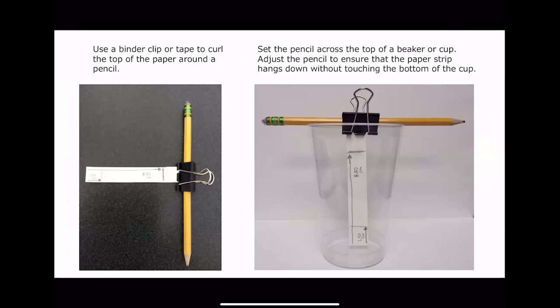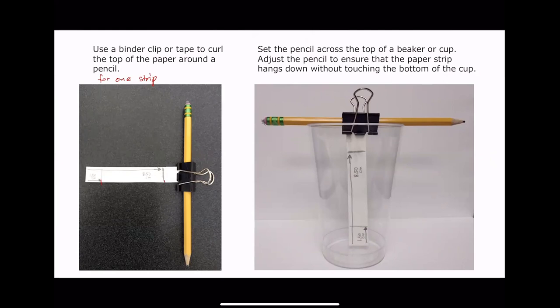The next thing you want to do is take one strip. And you want to do this one strip at a time. You want to first take that strip and wrap it around a pencil. So wrap it around a pencil with the top part. So this was the bottom. The bottom part is where the 1.5 lower mark is, and the top part is the 8.5.